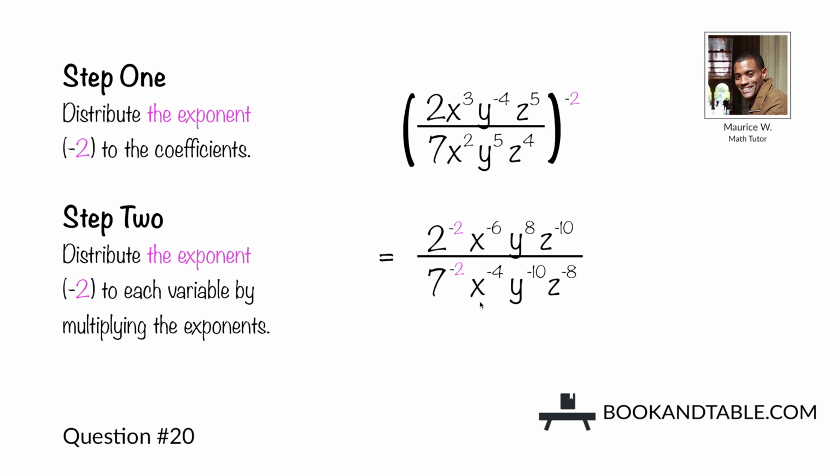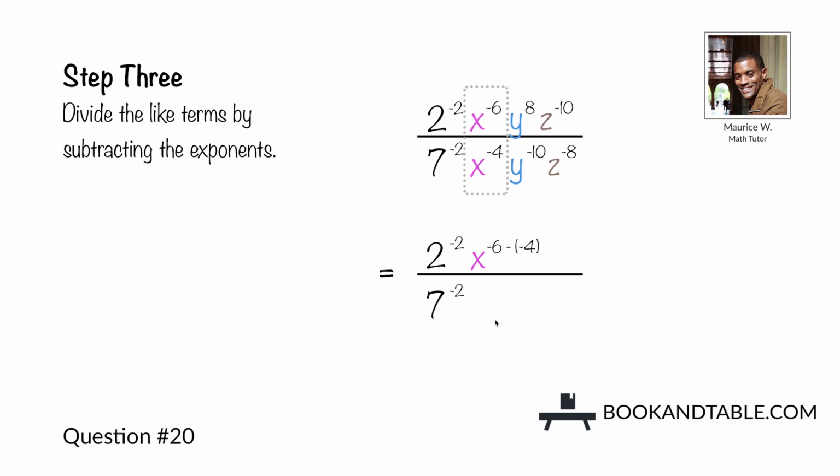So now we want to simplify our variables x, y, and z. So divide the like terms by subtracting the exponents. X to the negative 6 divided by x to the negative 4 is equal to x to the negative 6 minus negative 4. Negative 6 plus 4 would give us x to the negative 2.